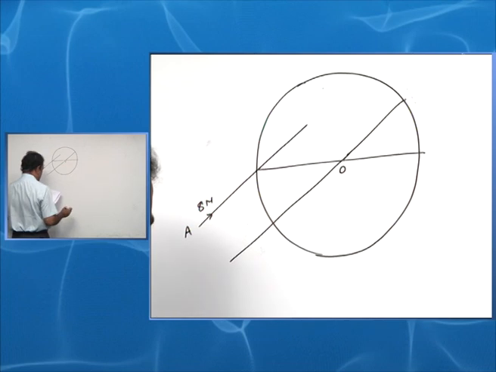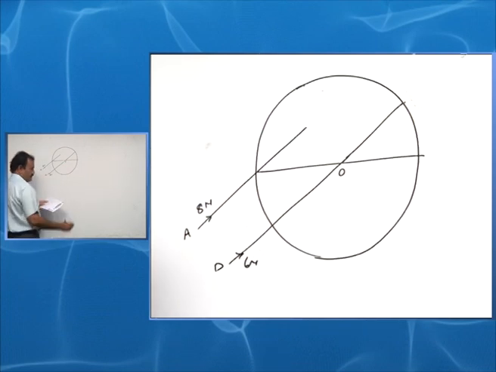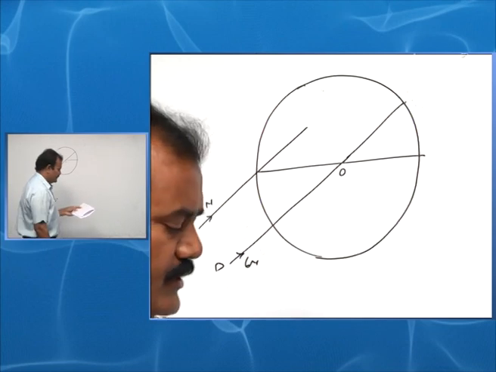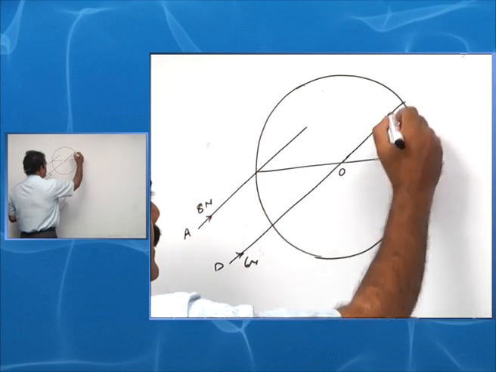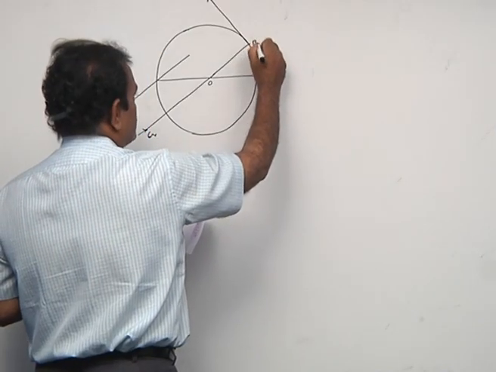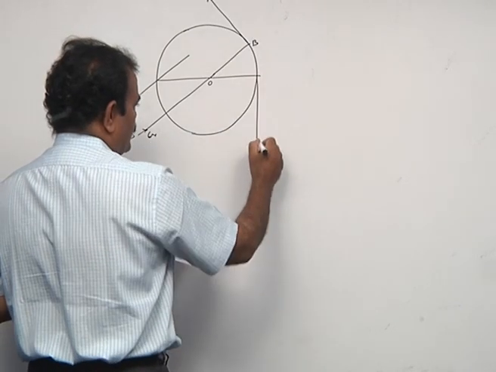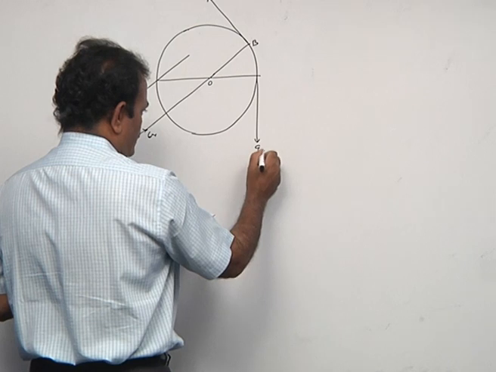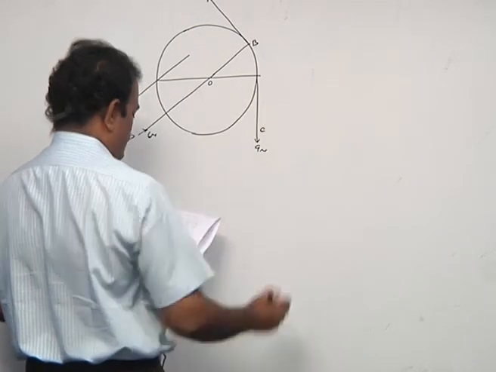O is here, and this is D, 6 newtons of force. Then there is another force, B, whose magnitude is 4 newtons only. And thereafter there is 9 newtons, and that force is C.